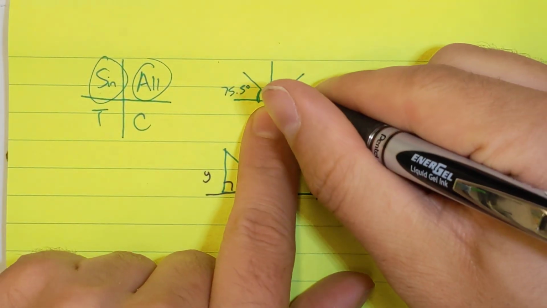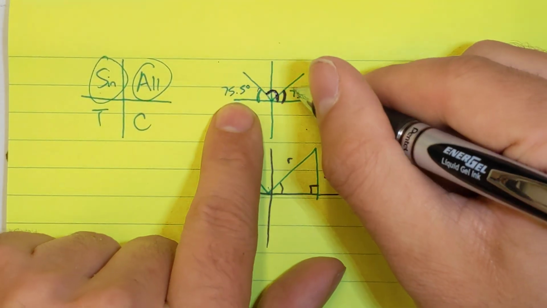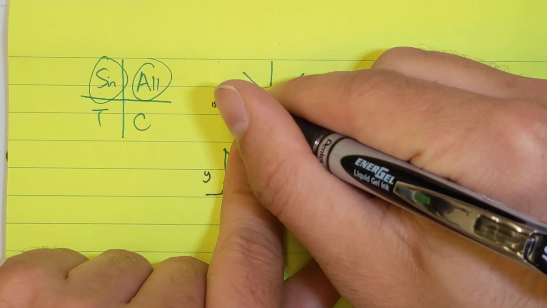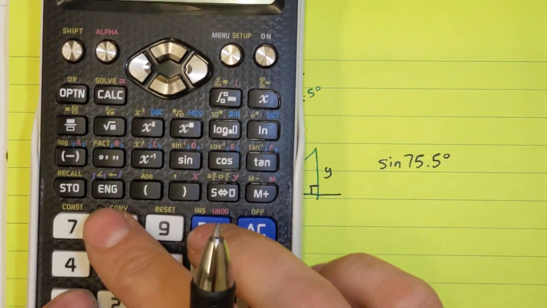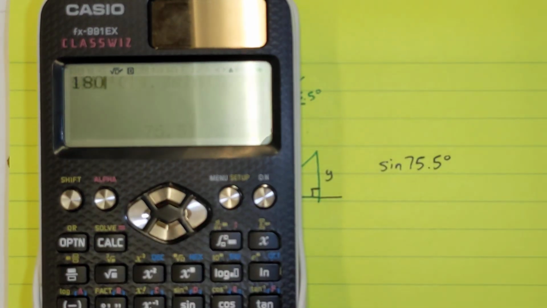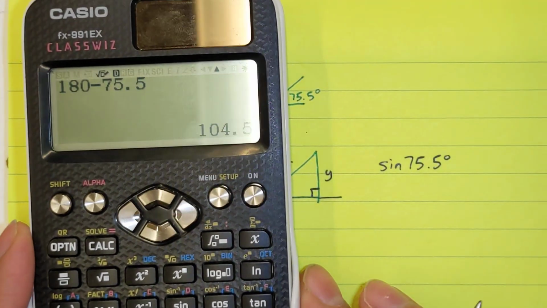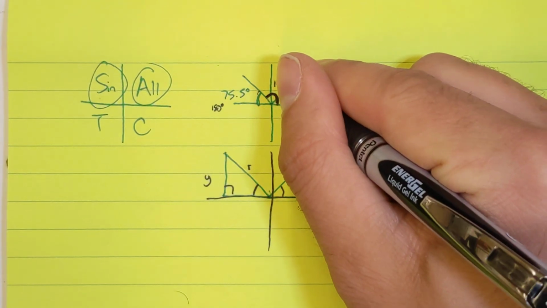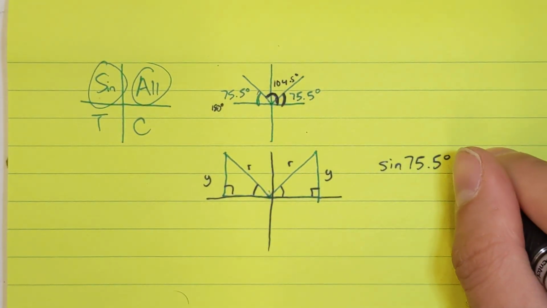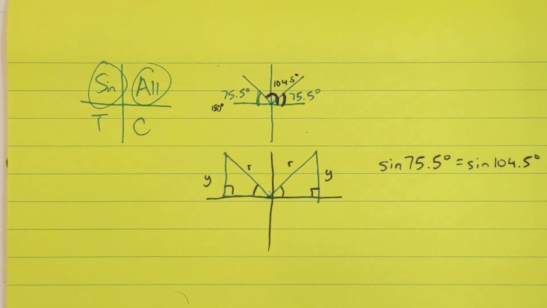So this angle here is 75.5 degrees away from being at 180 degrees. So 180 minus 75.5, we get 104.5. So these are both exactly equal to each other.